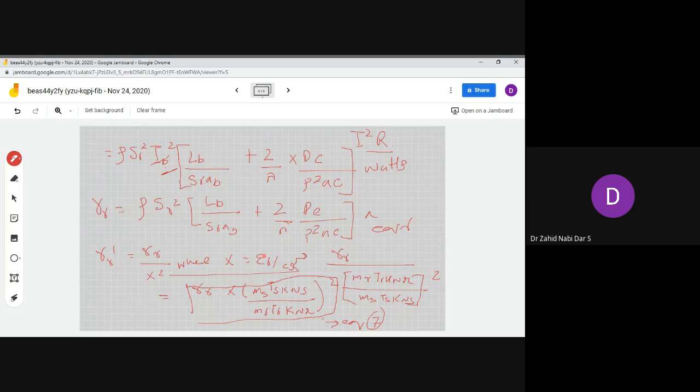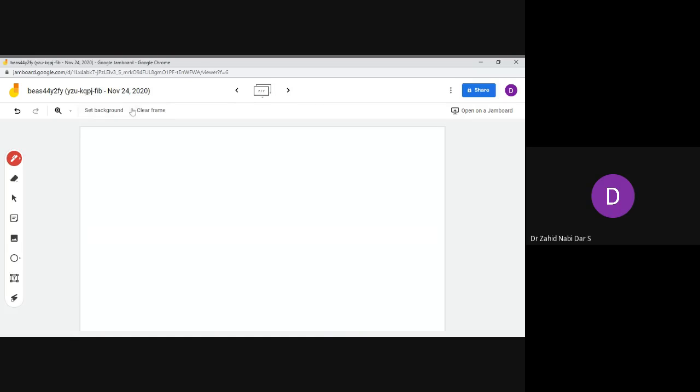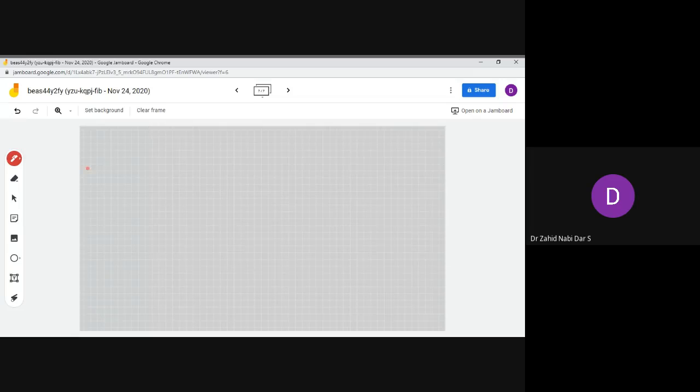Now let's assume MR value to be equal to SR by P, TR is equal to P by 2, and KWR is equal to 1. This is for a squirrel cage induction motor, a primary assumption.